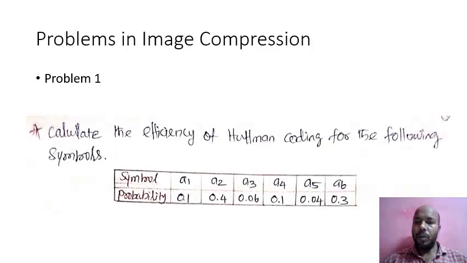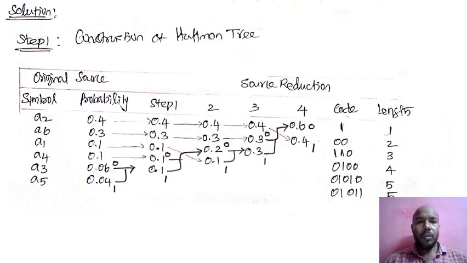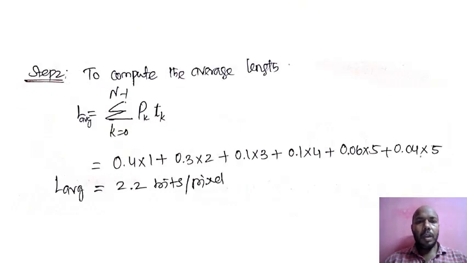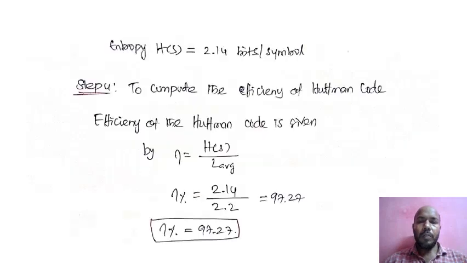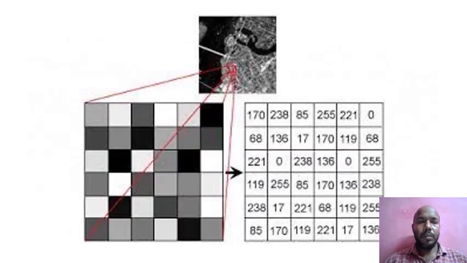This is the problem we saw last time, where we had all these symbols with their probability values. These are the steps we followed, and we computed the coding efficiency of the system.